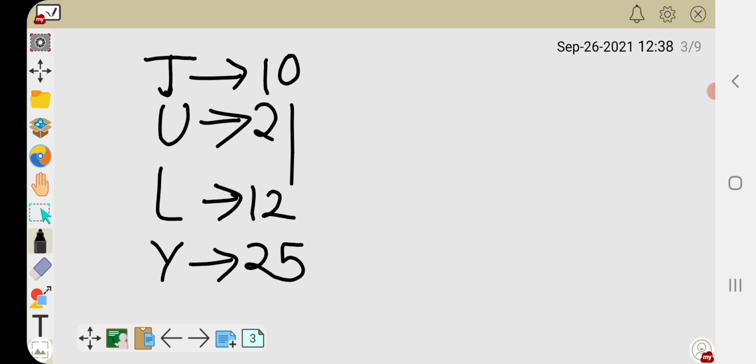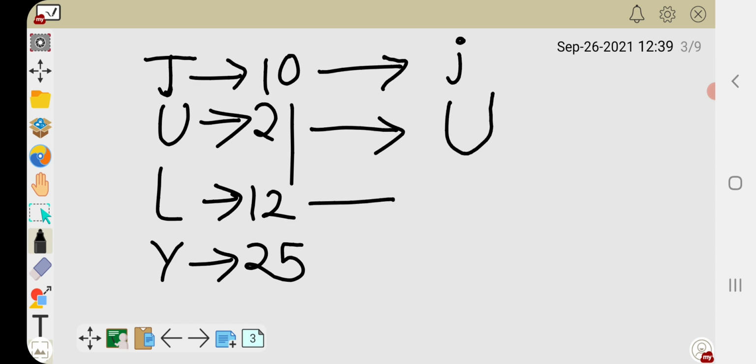Then here every small letter means an even number. So this J will be denoted in small case, small j. U is an odd number, so it will be denoted in capital letters. L is an even number, so it will be denoted as small l.